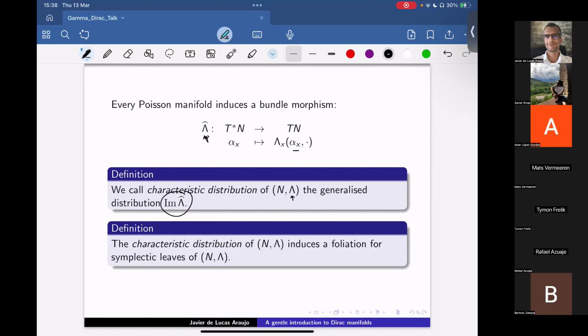So when you have a Poisson manifold, what you have is a foliation by symplectic manifolds. And it's not a trivial result that, under quite general assumptions on a generalized foliation of a manifold by means of presymplectic manifolds, what you obtain is a Poisson structure again.